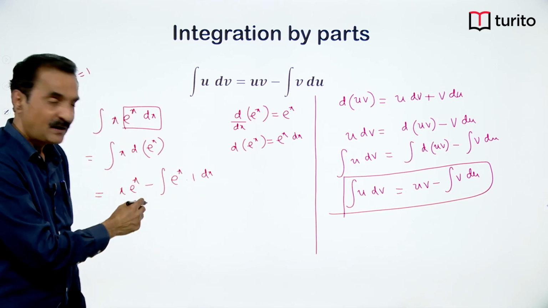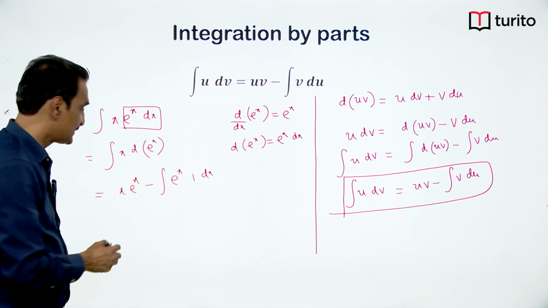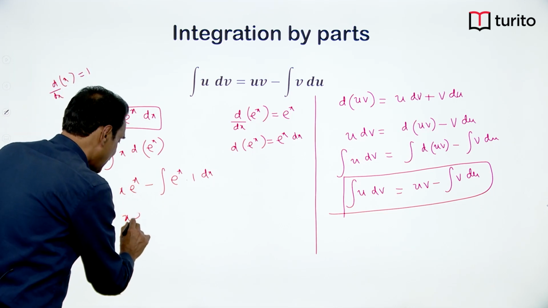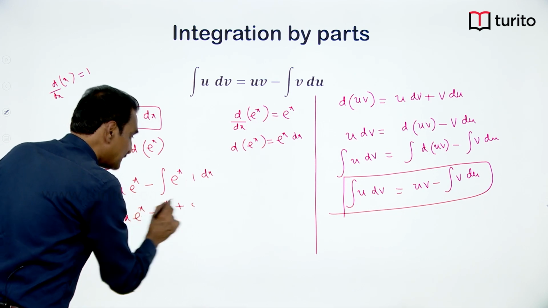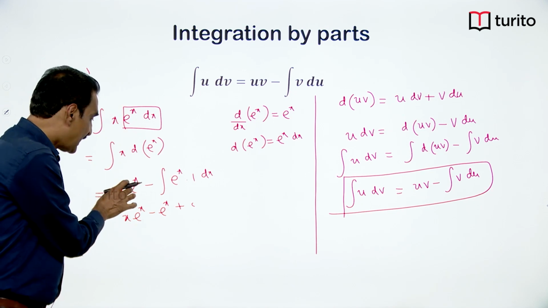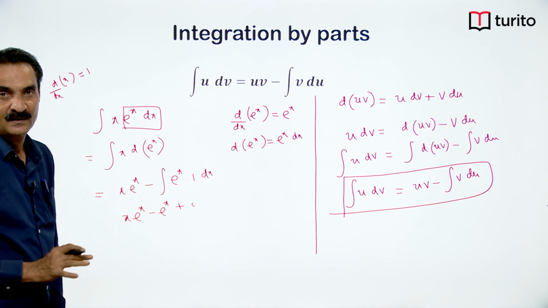Now, what is e power x into 1? e power x. Integral e power x is e power x. So, it will be x e power x minus e power x. We write plus c. We do not need to write plus c in every step. We can write plus c in the last step.